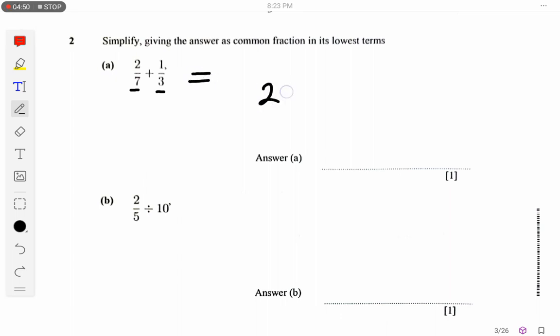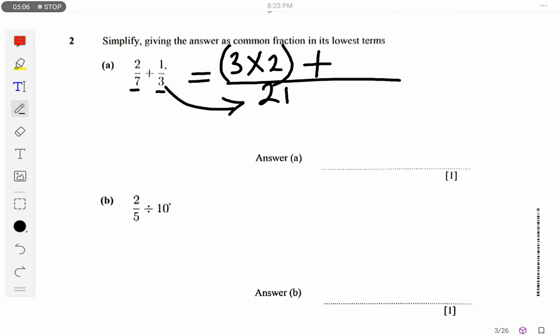So it will be my common denominator for these two. Then I'll say 7 into 21, I'll get a 3. Then I'll multiply it with this 2 there. So it's going to be 3 times 2, plus 3 into 21 there is 7. So I'll have a 7, then times 1 like that.